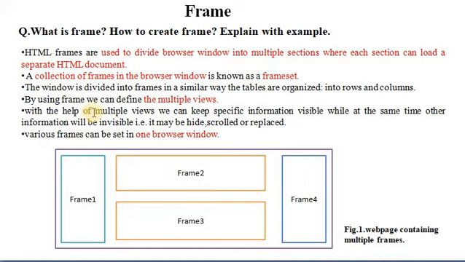By using frames we can define multiple views, keeping specific information visible while other information is invisible, meaning it may be hidden, scrolled and replaced, and various frames can be set in one browser window.